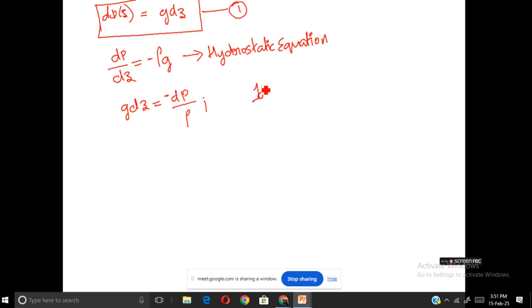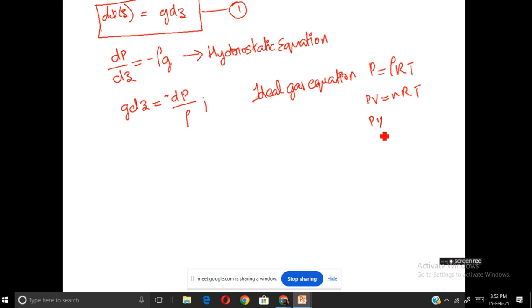And from the ideal gas equation, P is equal to rho RT, which came from the most familiar form PV is equal to nRT, where density is equal to mass by volume and volume is equal to mass by density.